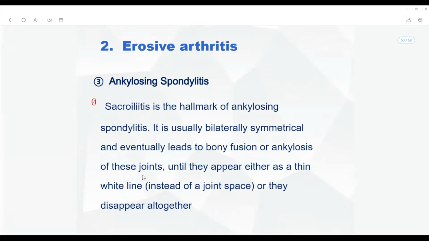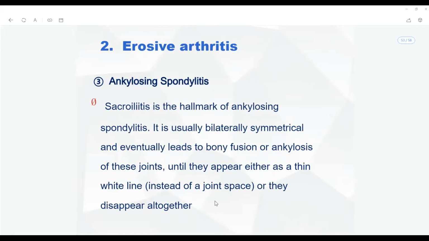Abnormal fusion between the joints is called ankylosis. They appear as a thin white line and then disappear altogether. So the joint lines between the sacrum and the ilium may eventually disappear, and they will be fused together.